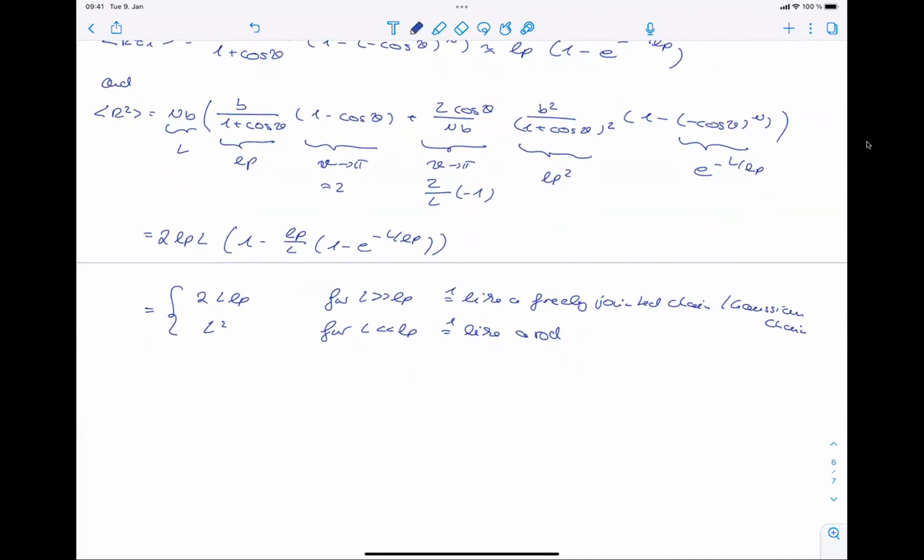So we can read out an effective Gaussian chain if we identify, I don't know why I'm calling it A here, let me change nomenclature to b, b R squared over L equal to LP, which has a name, namely the Kuhn statistical segment.